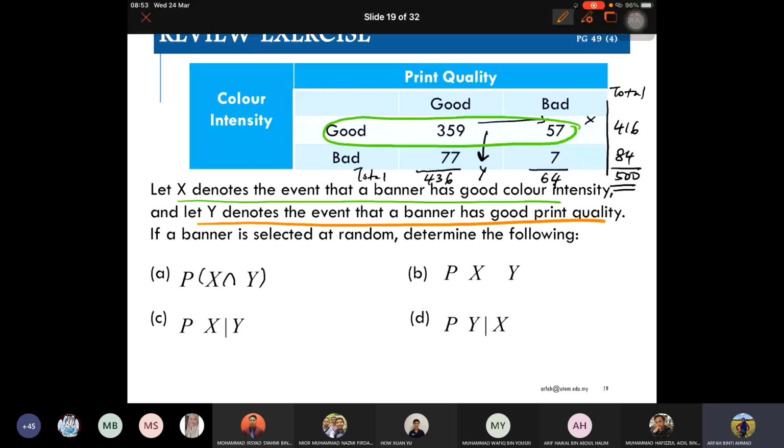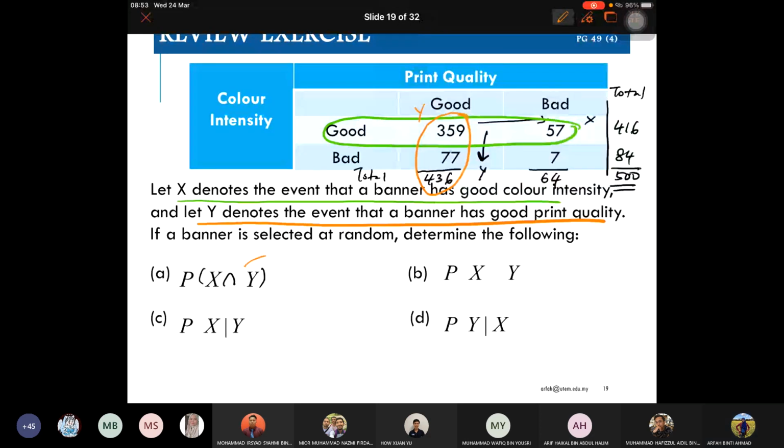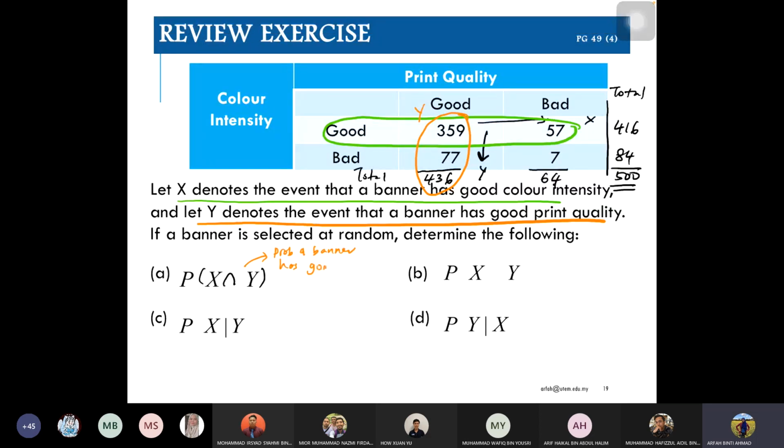Okay. So kebarangkalian X intersect with Y. This one. Probability of X intersect with Y. That means probability that a banner, okay, has good color intensity and good print quality.